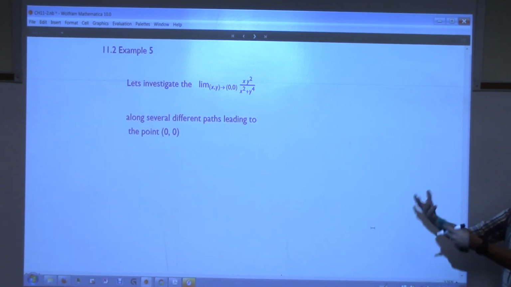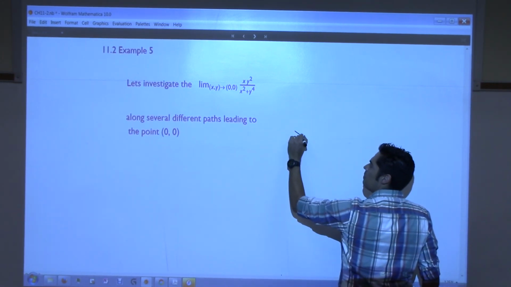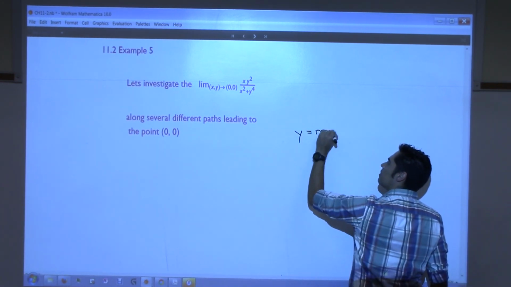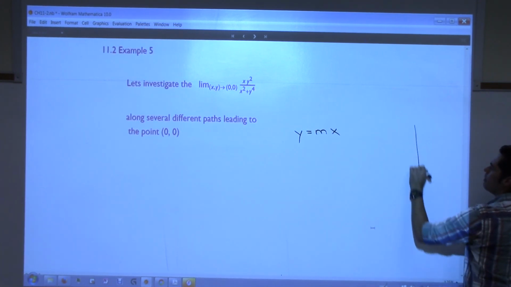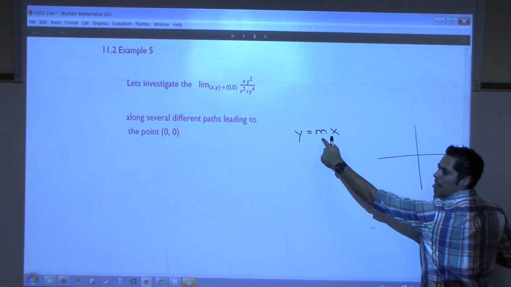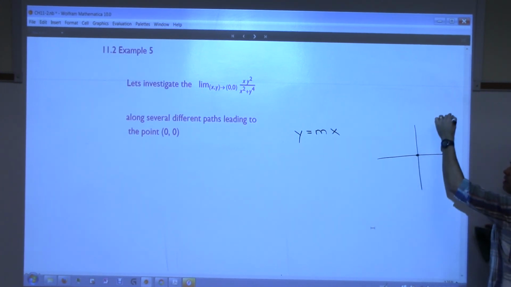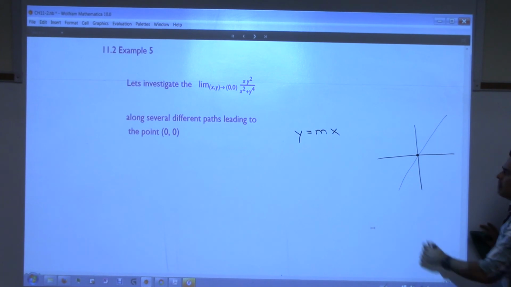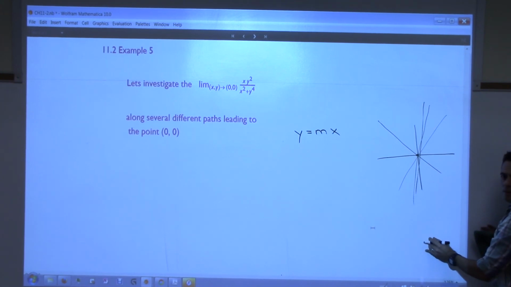This is killing an infinite number of birds with 1 stone. What I could do is come in on the path y equals mx. So think about this. Y equals mx is going to be a line that goes through the origin, right? If m is 1, then it's this one, isn't it? If m is -1, it's this one. If m is 2, it's this one. If m is 3, it's this one, right?